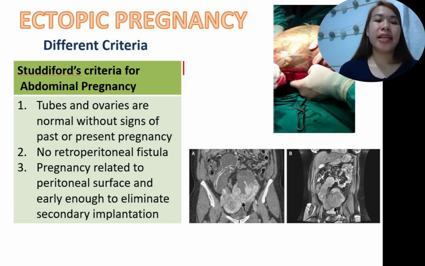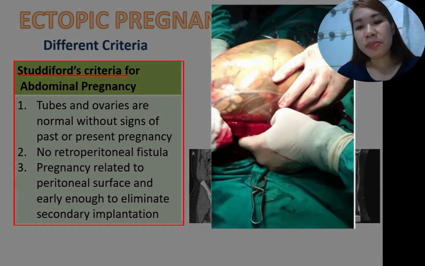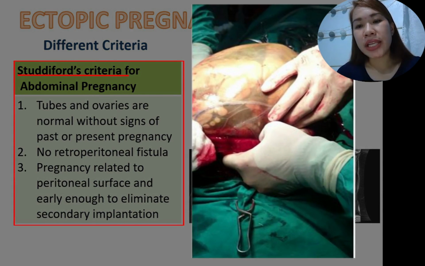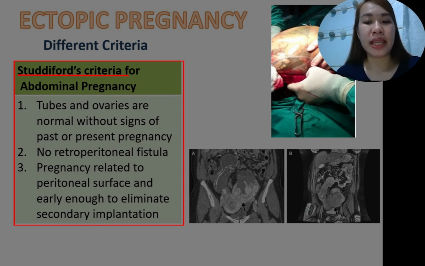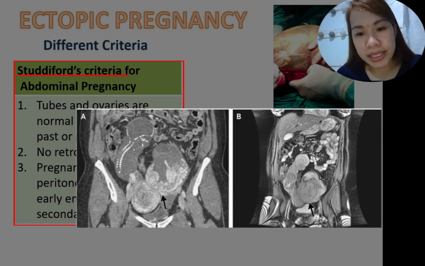Another criteria is the Studiford's criteria for abdominal pregnancy. So this picture shows us a rare case of an abdominal pregnancy class wherein the fetus or the baby survived even if it was an abdominal pregnancy. So in this image, we can see here that the baby is not actually inside the uterus, but it is located on the outer portion.